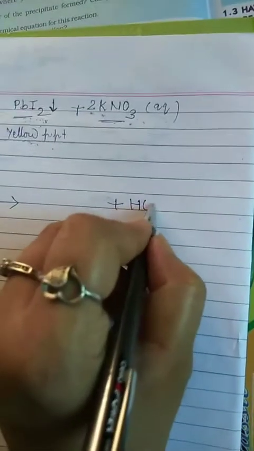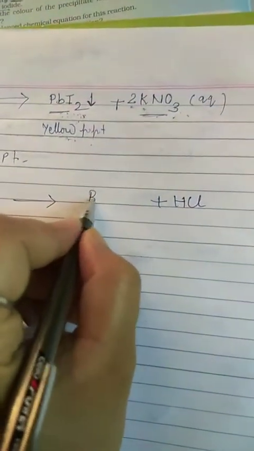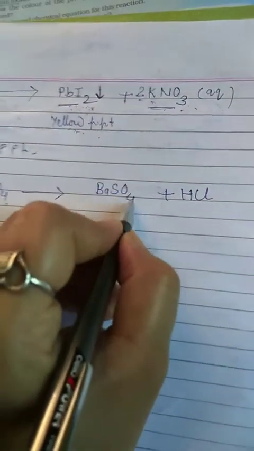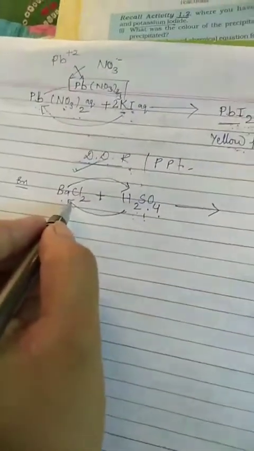So hydrogen and chlorine react and form HCl, hydrochloric acid, and barium and sulfate react and form BaSO4, barium sulfate. Balance the equation.